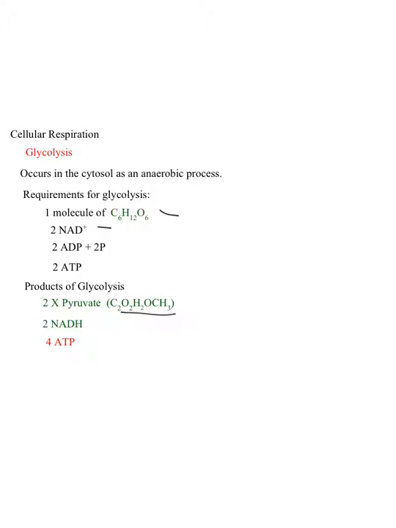And like I said, we get an output of 4 ATPs, a profit of 2. It's like investment banking, right? You invest $2 and you get $4 back, you make a profit. Well, if you invest 2 ATPs and get 4 ATPs out of it, you get a profit of 2 ATPs.